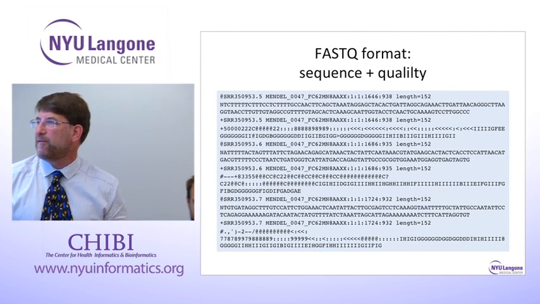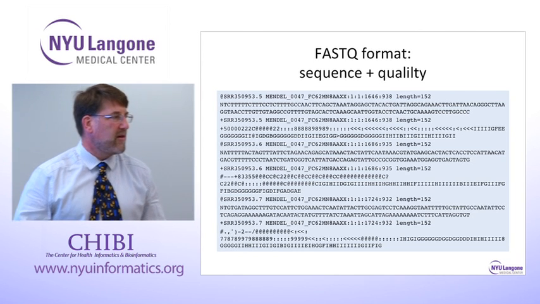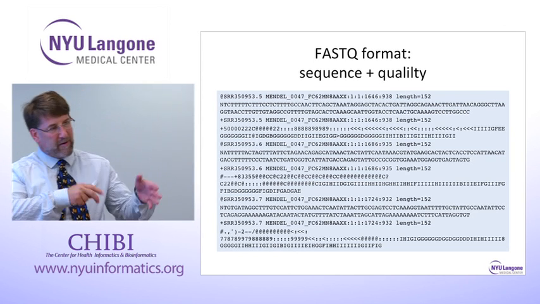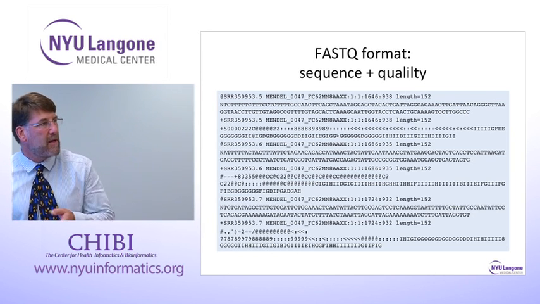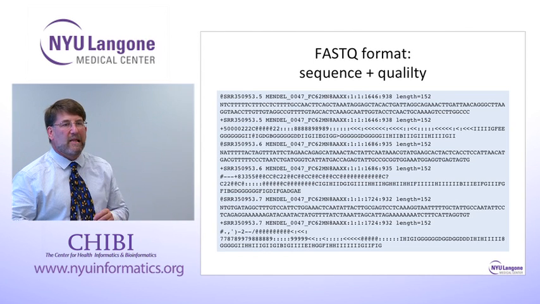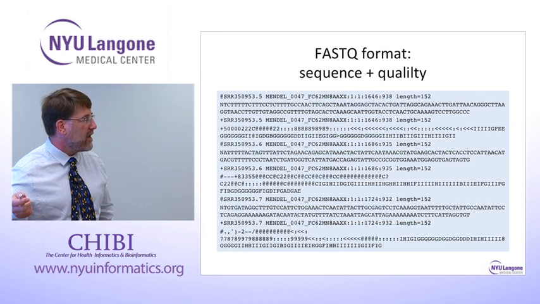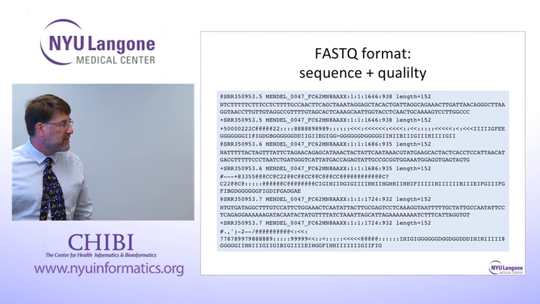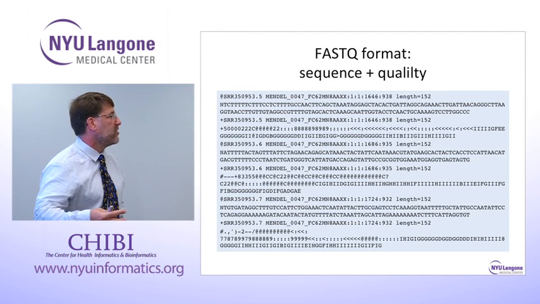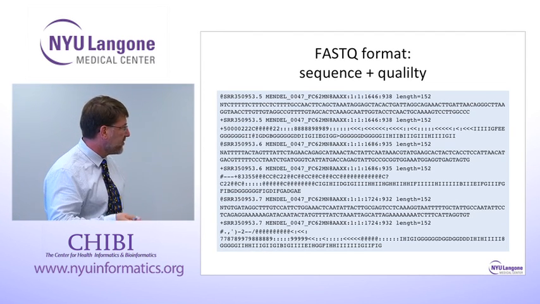This is what the data files look like. So that intermediate step where we've run it through the sequencer, but we haven't mapped it back to the genome yet. This is what you might get if you send your data out to a commercial sequencing facility and don't pay for additional bioinformatics consulting services.